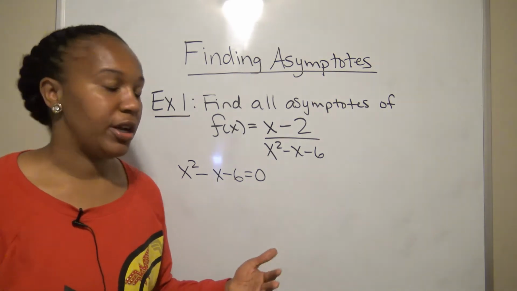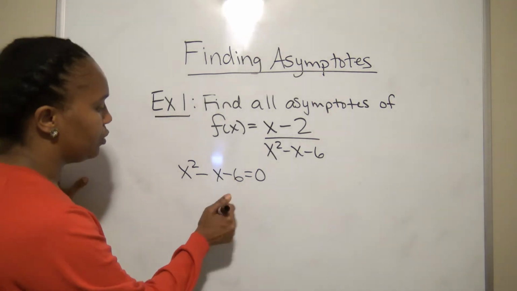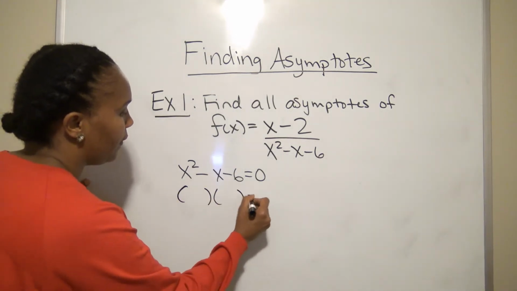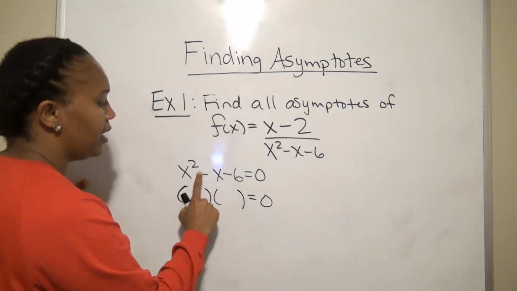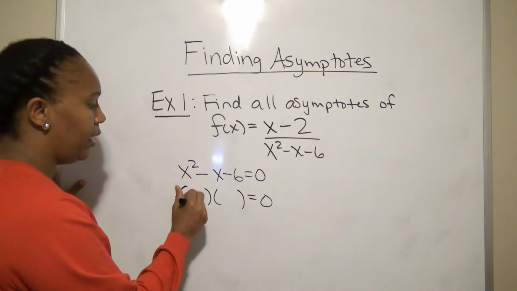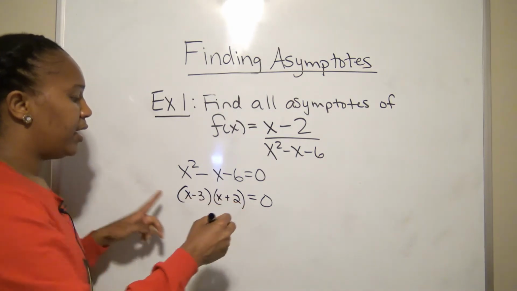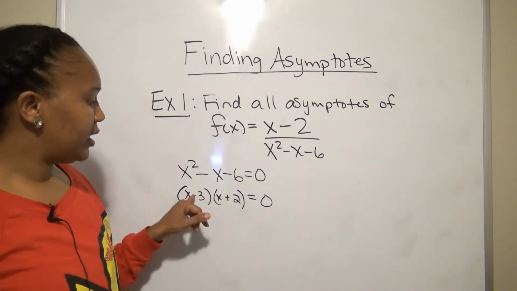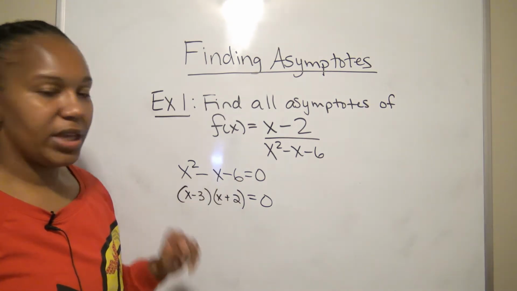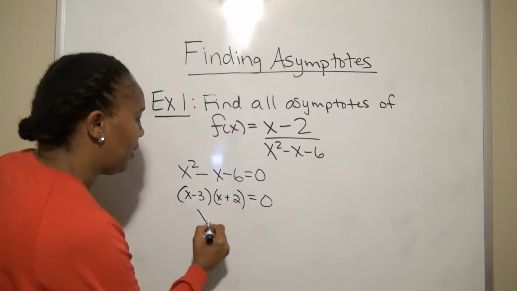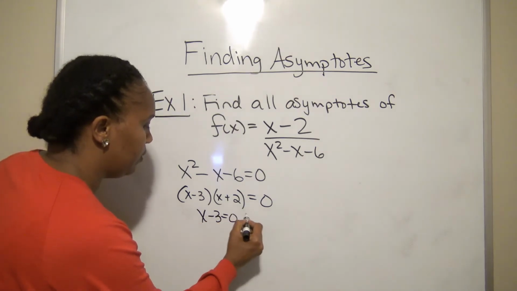This one actually factors really nicely. What are factors of -6 that add to -1? That would be -3 and +2. -3 times 2 is -6, and -3 plus 2 is -1. So you take both of those and set them equal to 0.